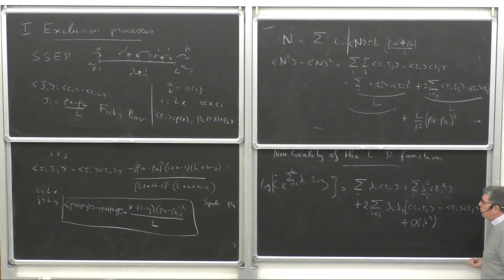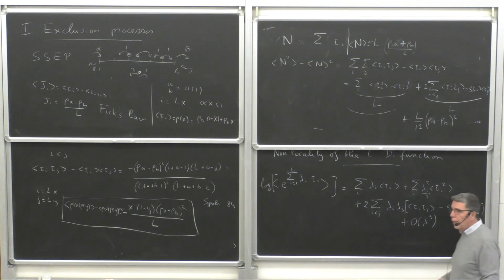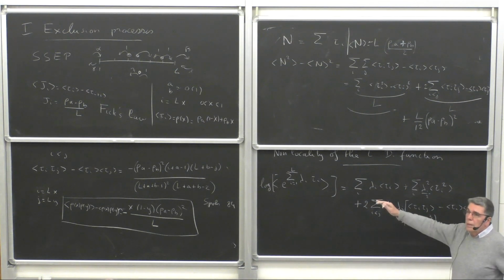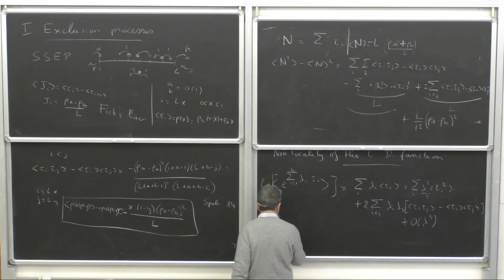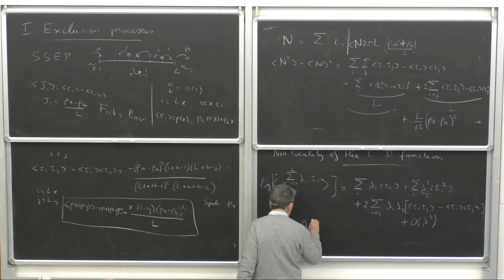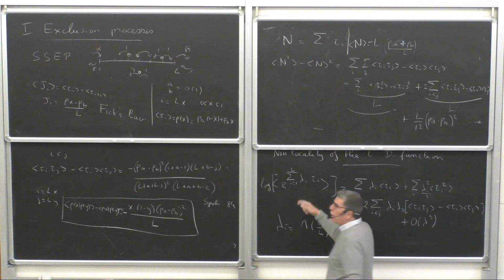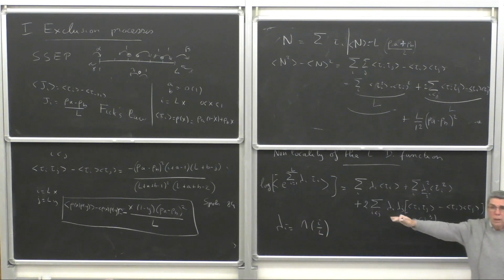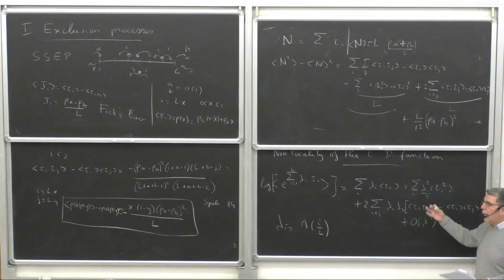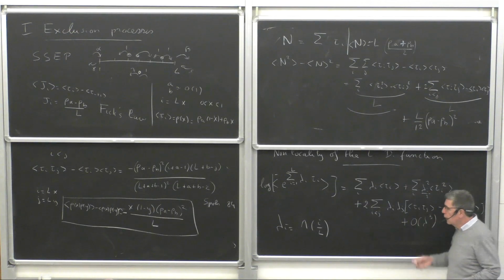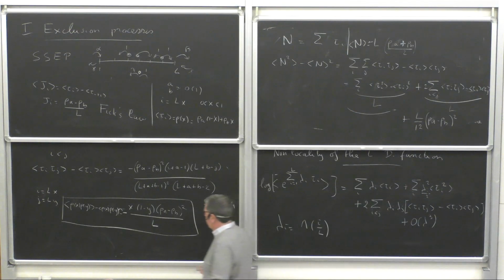Now let me imagine that the system is very large and I am interested in what happens on a large scale. So I say, let me take lambda_i equals lambda of i over L. This will allow me to look at what happens to the system on a very large scale.